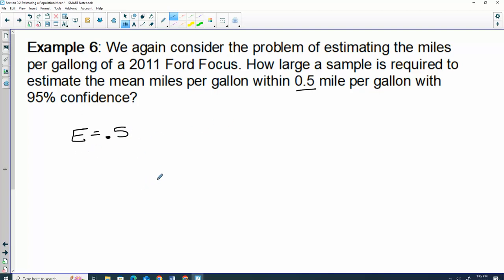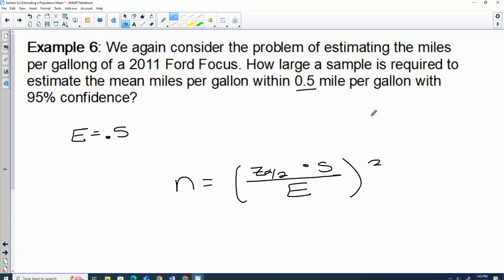So if I'm looking at my formula, it tells me n is z alpha over 2 times s, divided by e, squared. I didn't give you s in the problem, but we used this in example, what was it? Example 4 maybe? 2.9171. So that is the standard deviation we had in example 4.